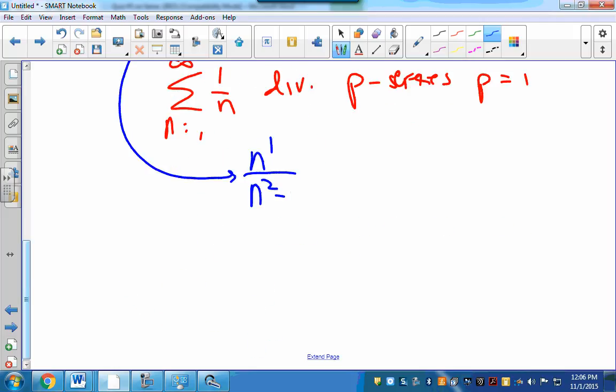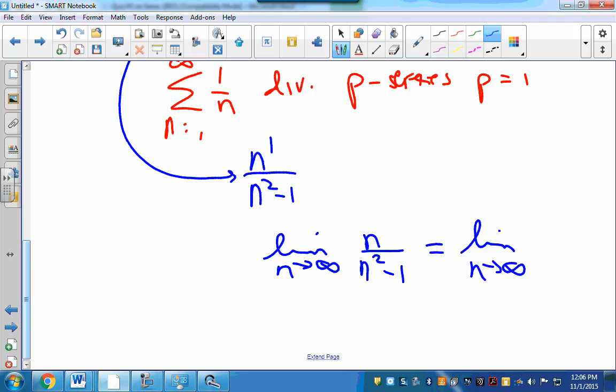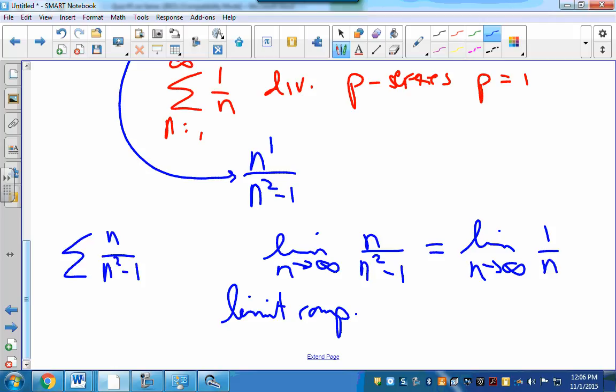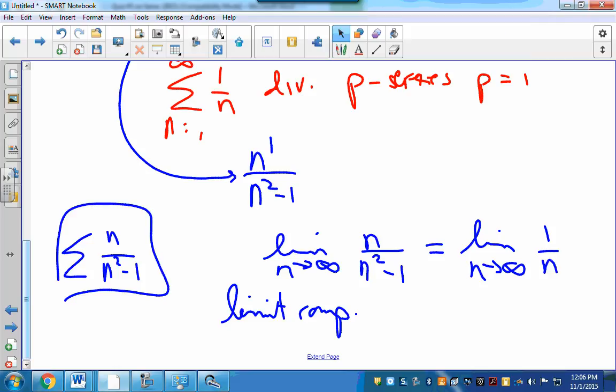Now it is true there's a minus 1 there, but in the limit, as n gets really big, n over n squared minus 1 is going to behave like 1 over n. So using a limit comparison should get you a good handle on a series like this. So just take a look at that. Make sure you understand how the limit comparison test works.